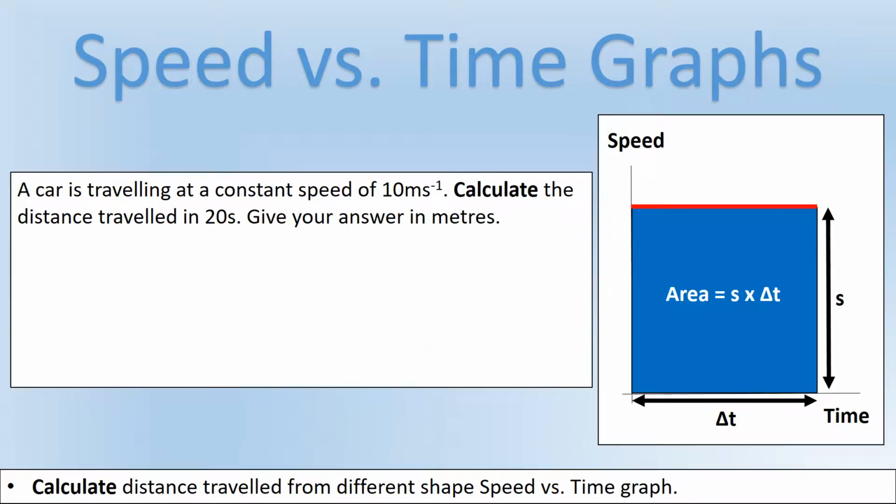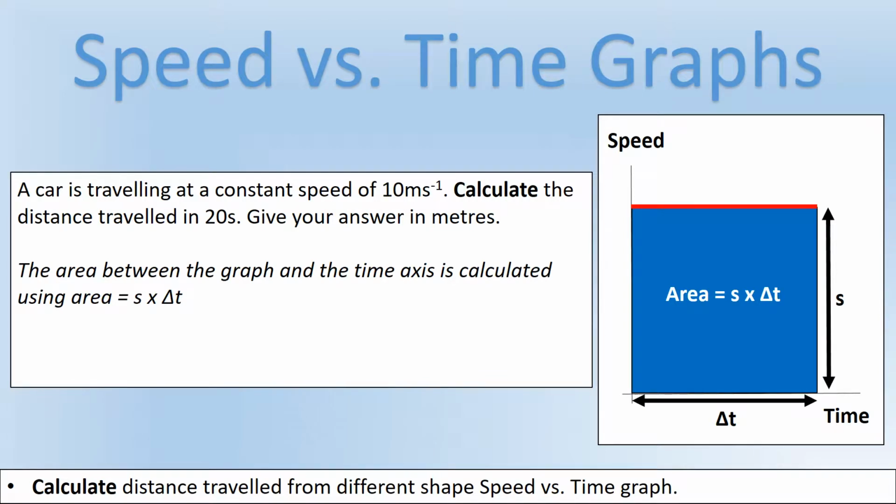So say we're asked to calculate the distance travelled by a car travelling at a constant speed of 10 meters per second in 20 seconds, and we want our answer in meters. So we saw on the previous slide that to get the distance travelled, we need the area between the graph and the time axis. So the red line is the speed graph. Now we can see the speed stays the same the whole time because it's a constant speed.